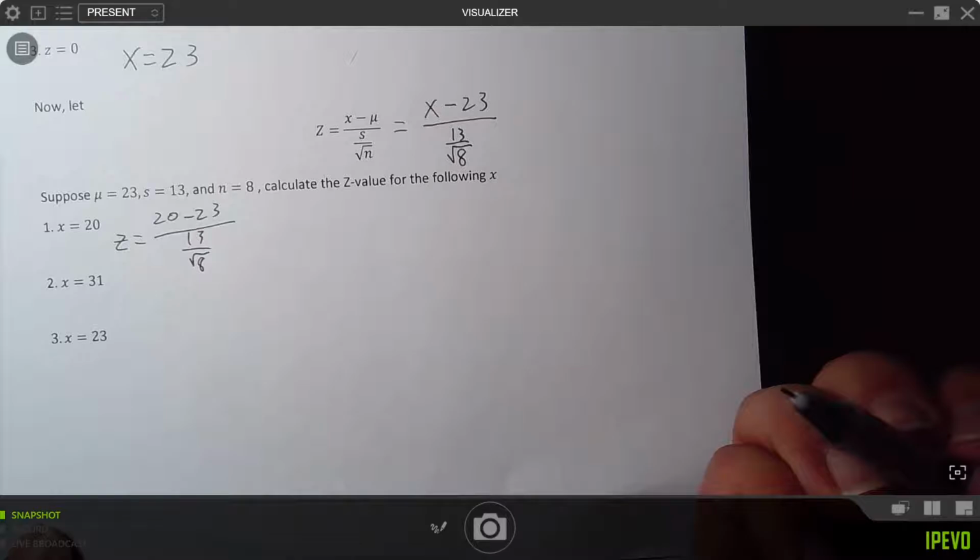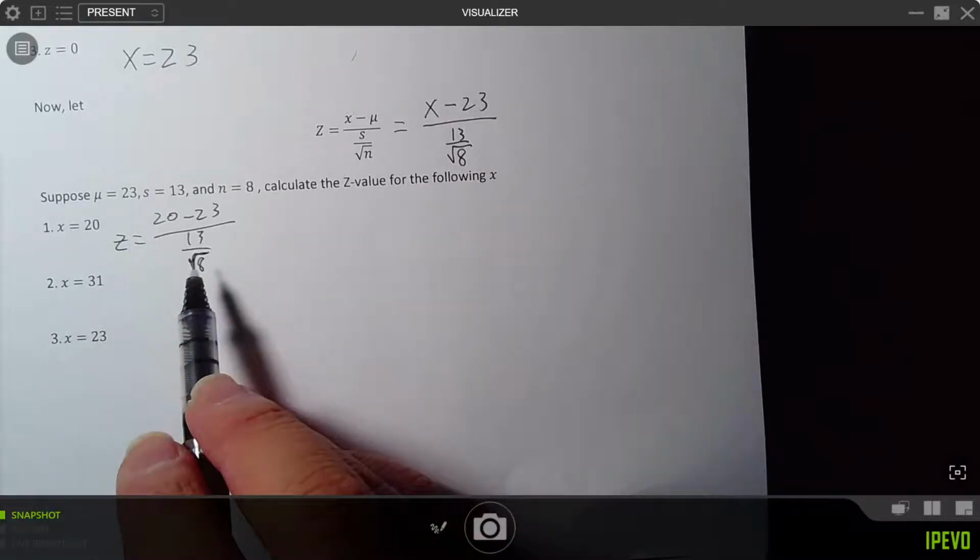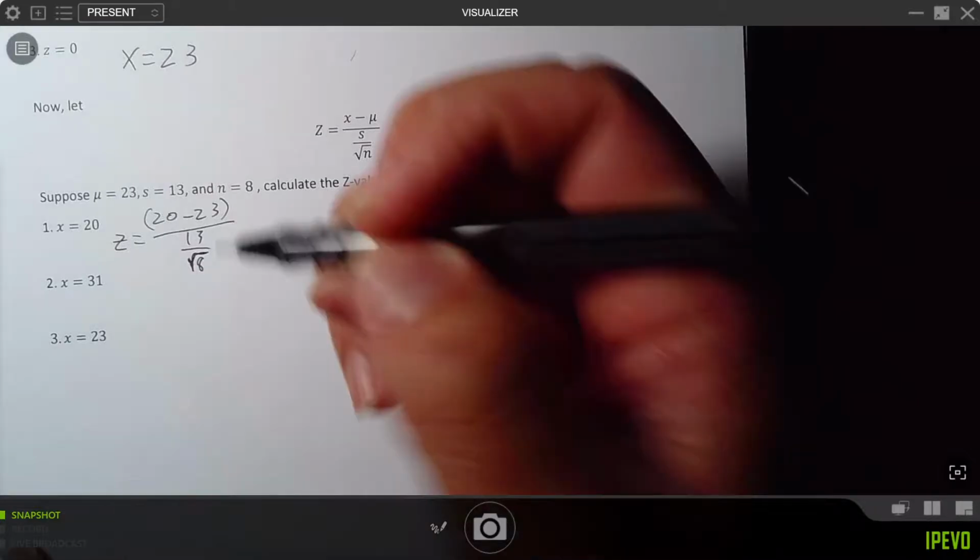However, just make sure you don't round too much, because root 8 is an irrational number. You're going to have a lot of decimal places, and if you round too much, you'll get a different answer than what I have, or what's in the book. So try your best to put this in one step in the calculator, and then you will get this.